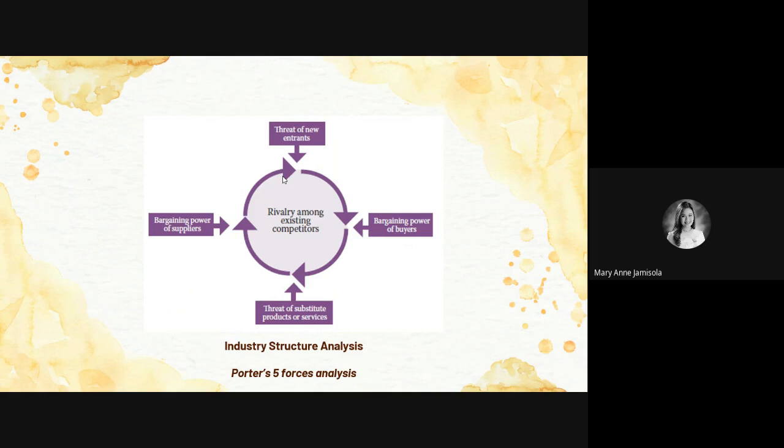An industry where the threat of new entrants is low is more profitable than an industry where new entrants can easily enter. Then the last one, we have rivalry among competitors, which refers to the intensity of the competition.